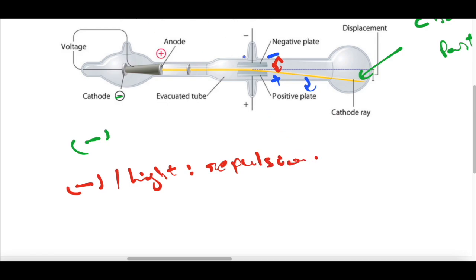Also, we could see that between the positive plate and the light, there is an attraction effect.